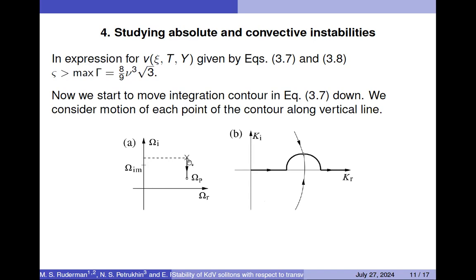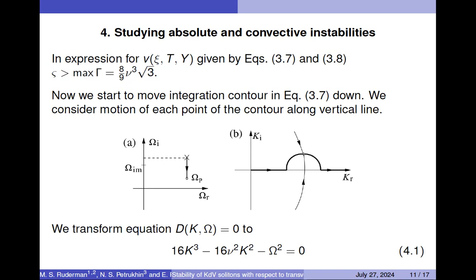So the real part of omega is fixed, and the imaginary part is decreasing. If in this way we manage to move the whole contour slightly above the real axis, then our perturbation will damp and the instability will be convective.